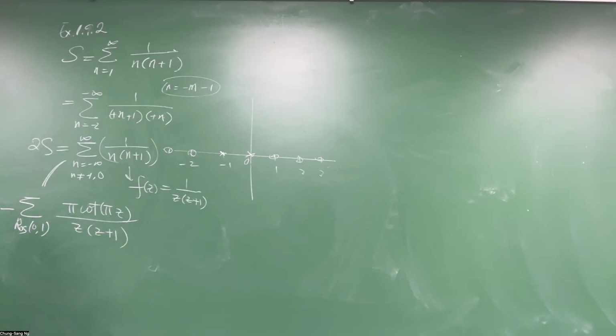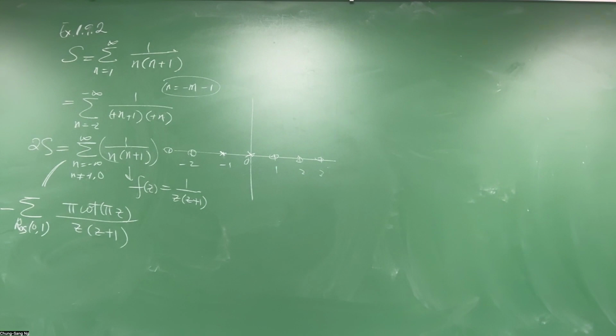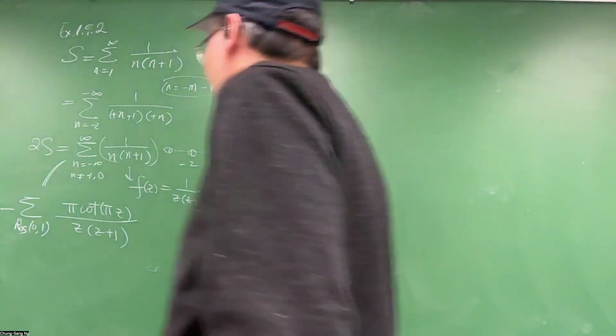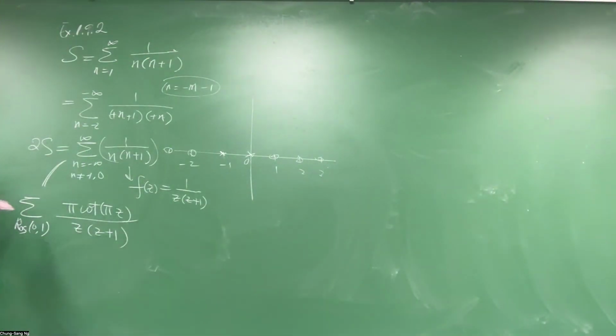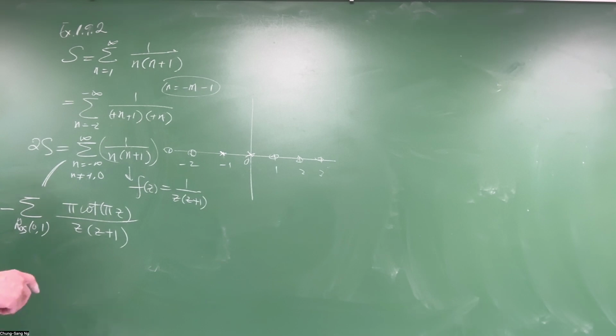So there are two second order poles, and the residue is, well, let's see if we can do that. For a second order pole, you remember the formula. This is the residue that you want to calculate. At z equals 0 you multiply by z squared and then take the derivative, right?